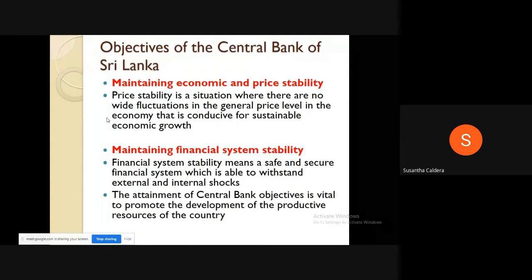We are having so many external and internal shocks because of the instability in our financial system. The attainment of central bank objectives is vital to promote the development of the productive resources of the country. That also comes under maintaining financial system stability.